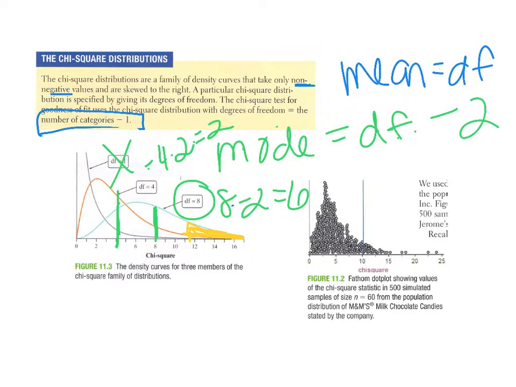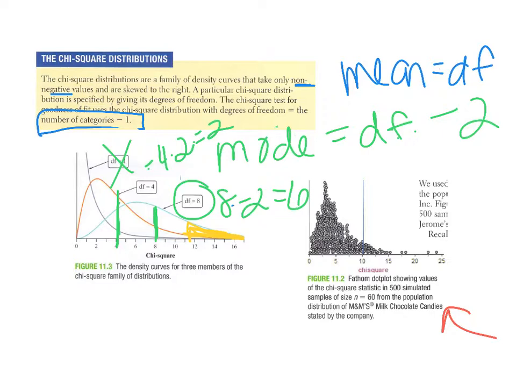And so our chi-square density curve is a pretty good model for the sampling distribution of the chi-square statistic. You can see that in this picture over here. It's a Fathom dot plot simulation, 500 simulated samples of size 60 candies. We calculated the chi-square statistic for each one of those samples.